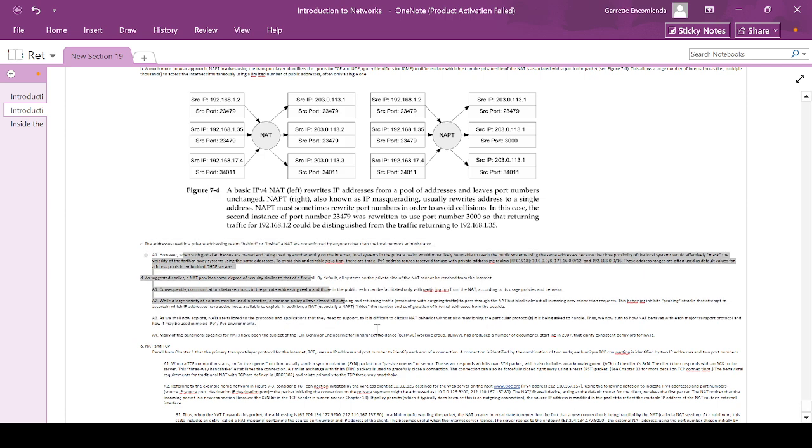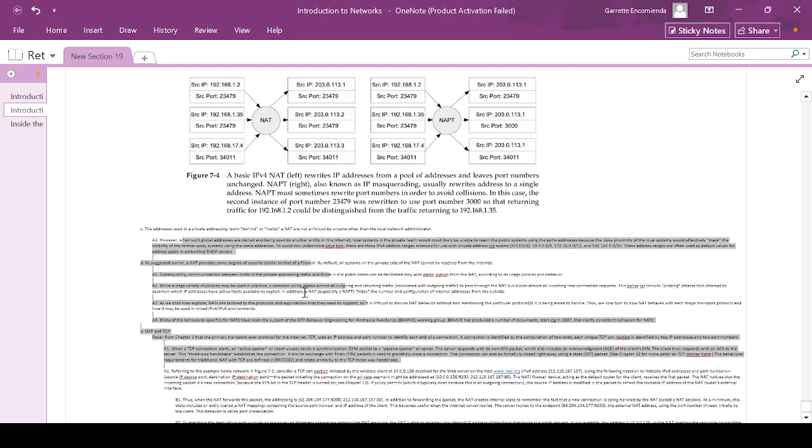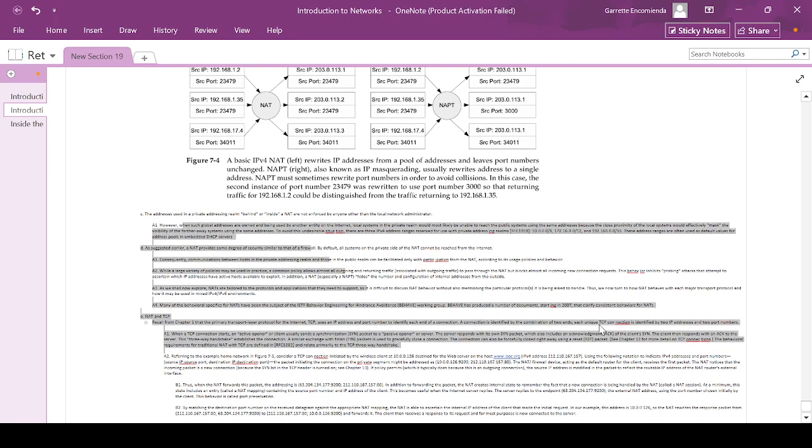However, when such global addresses are owned and being used by another entity on the internet, local systems in the private realm would most likely be unable to reach the public systems using the same addresses because the close proximity of the local systems would effectively mask the visibility of the farther away systems using the same addresses.